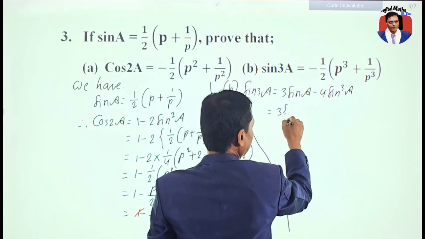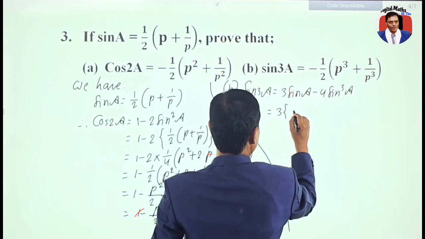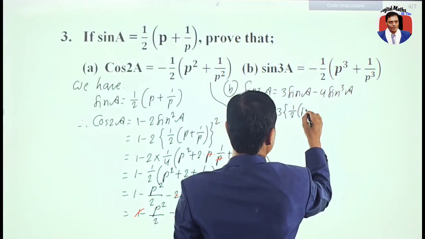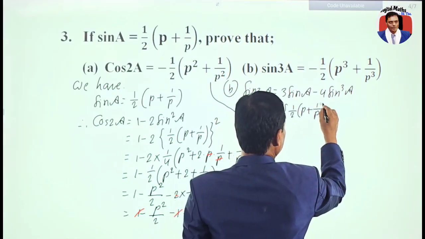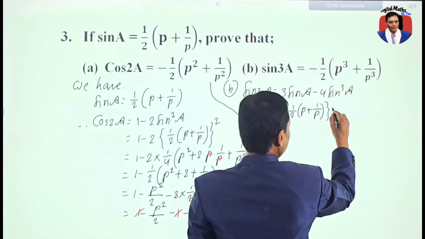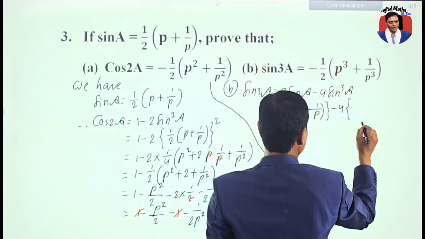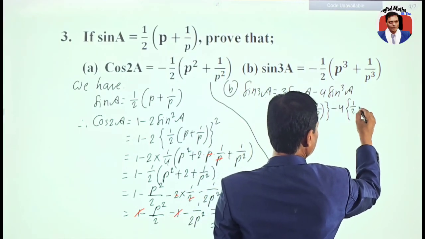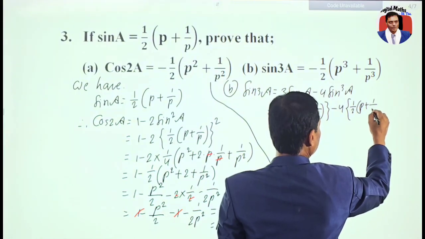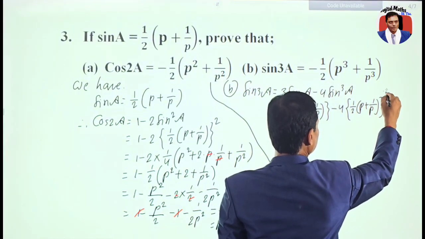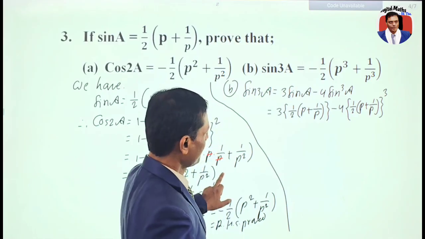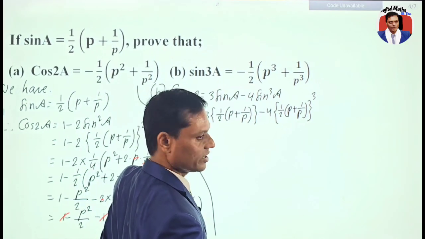And there's a 3, and the value of sine we have here 1 by 2 times (p plus 1 by p), right? And there's a minus 4, again 1 by 2 times (p plus 1 by p), and its power is 3, right? Now I'm going to simplify it, isn't it?